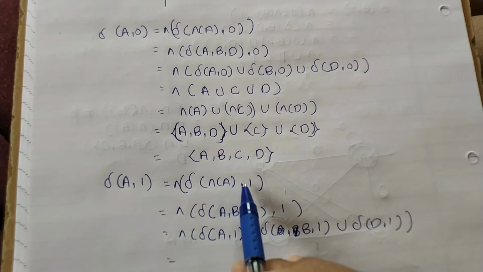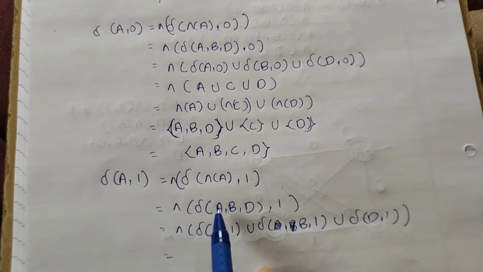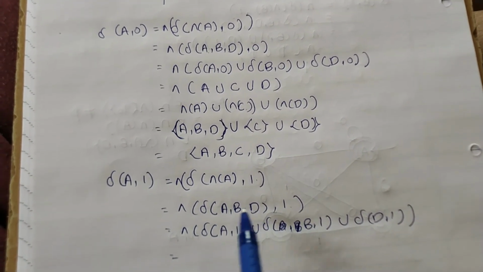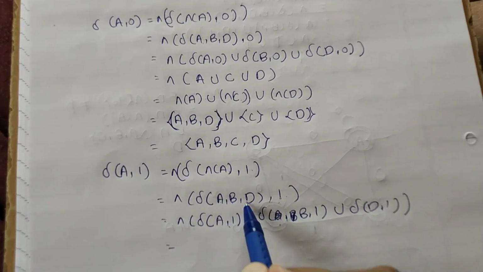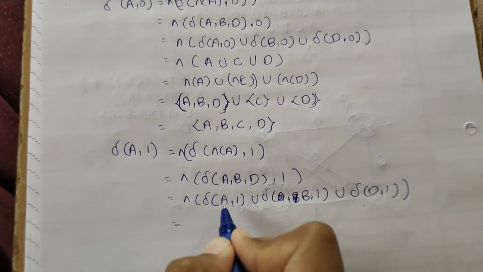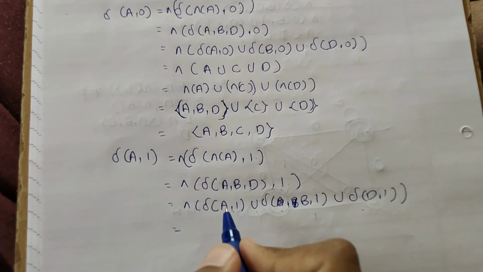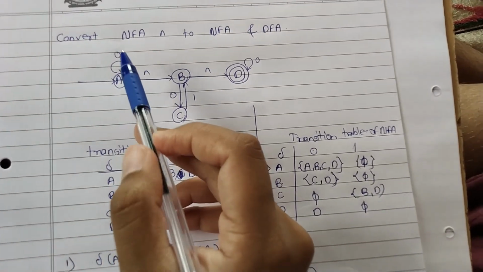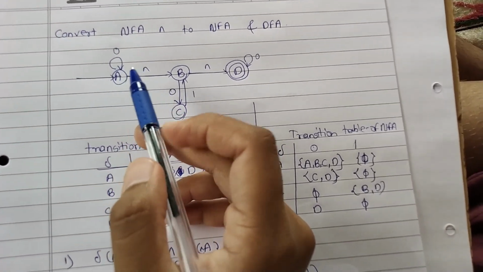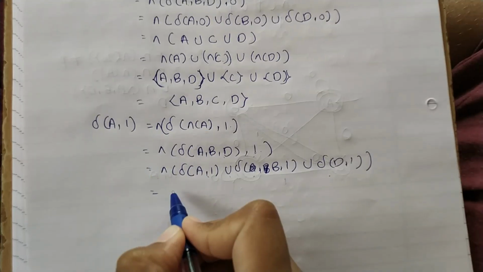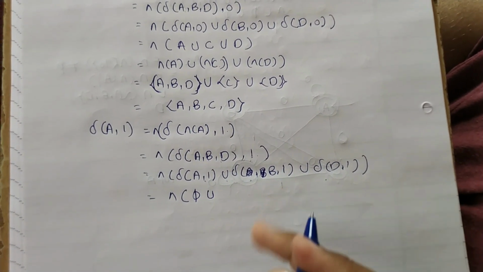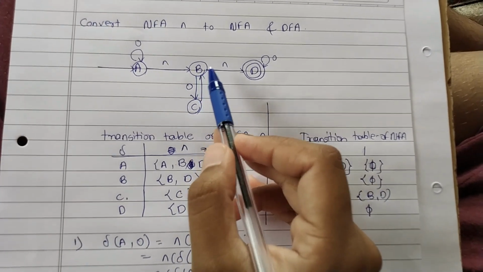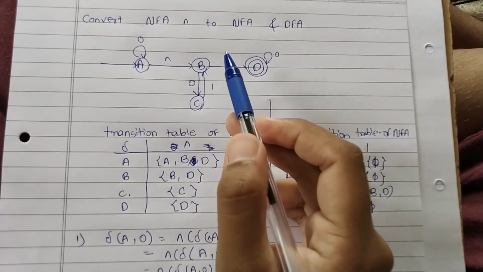Now we write for A comma 1. Then this null of A comma 1. Now null of A is ABD comma 1. Now A comma 1 union B comma 1 union D comma 1. Now A comma 1: A reads 1 and does not transfer anywhere, so null of phi union B comma 1. B does not transfer anywhere on 1, so this is again phi.